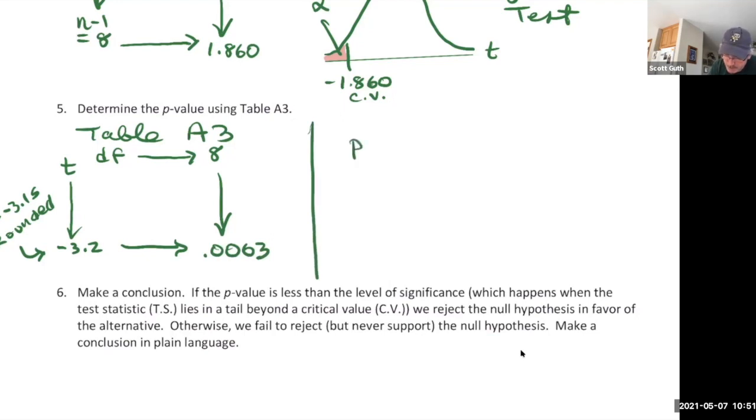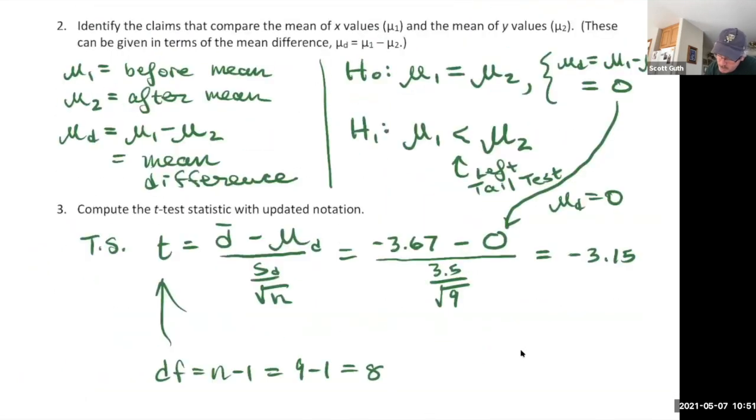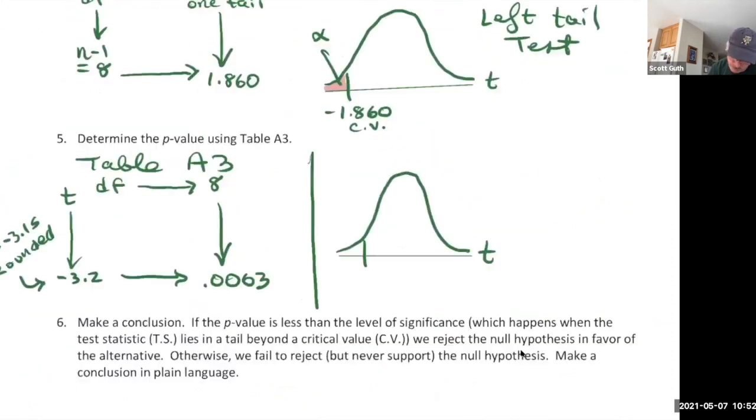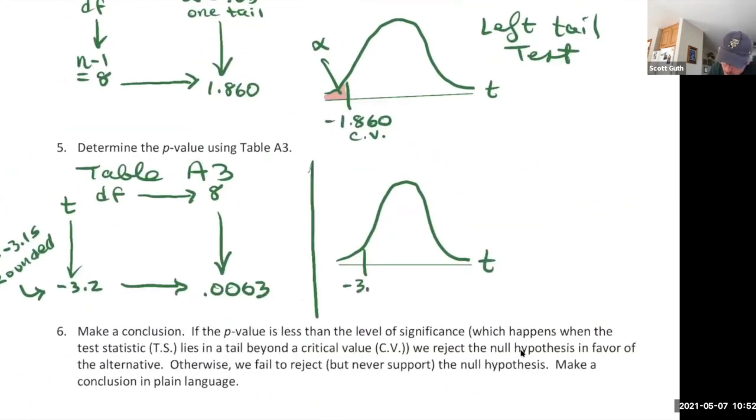We do not double this. I guess I can draw a little picture here. This is a one-tailed test, so we do not double it. So we have negative 3.15, and the P-value is 0.0063. Okay. Any questions?